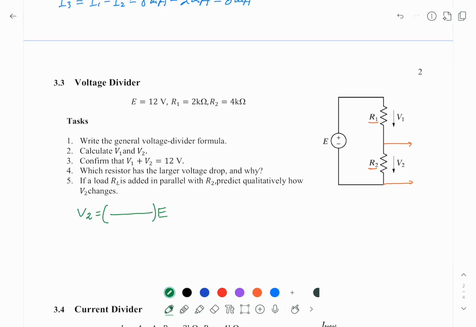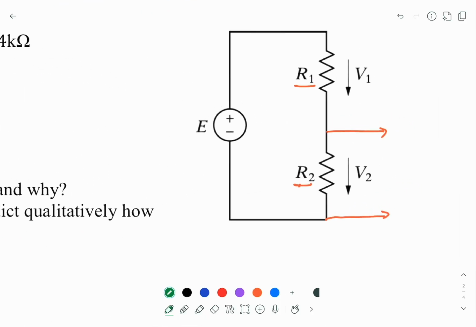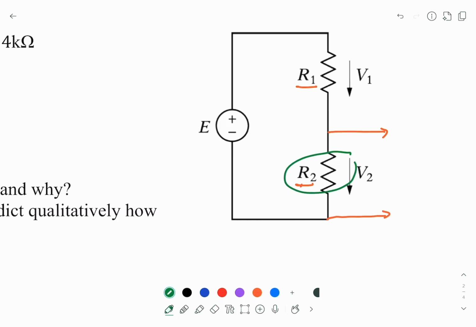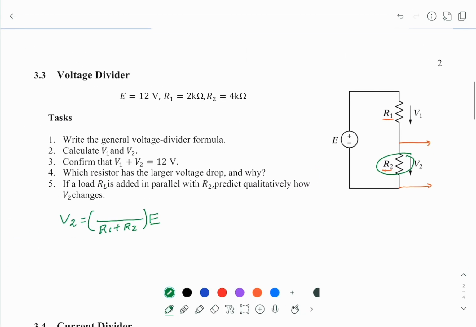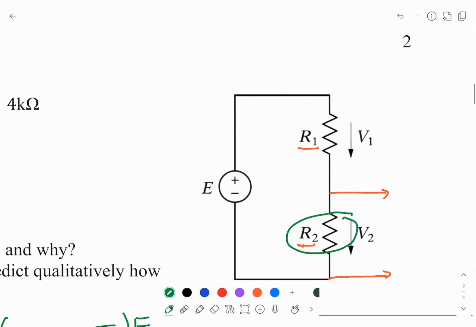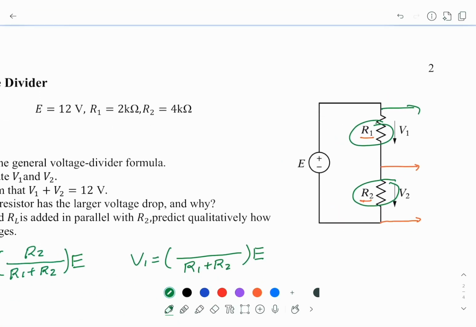The denominator is the sum, R1 plus R2. And because you want to get the voltage across R2, it is proportional to R2.